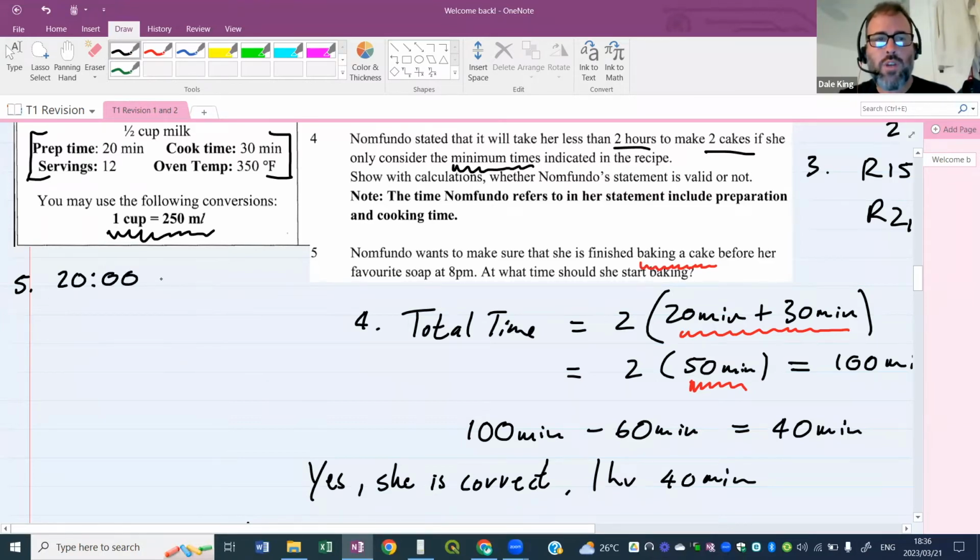And I'm going to subtract how long it takes to prep and cook a cake, which is 50 minutes. So minus 50 minutes. All right, be careful here because we've got hours and minutes here. And you should all know that the answer will come to 19 hours and 10 minutes.